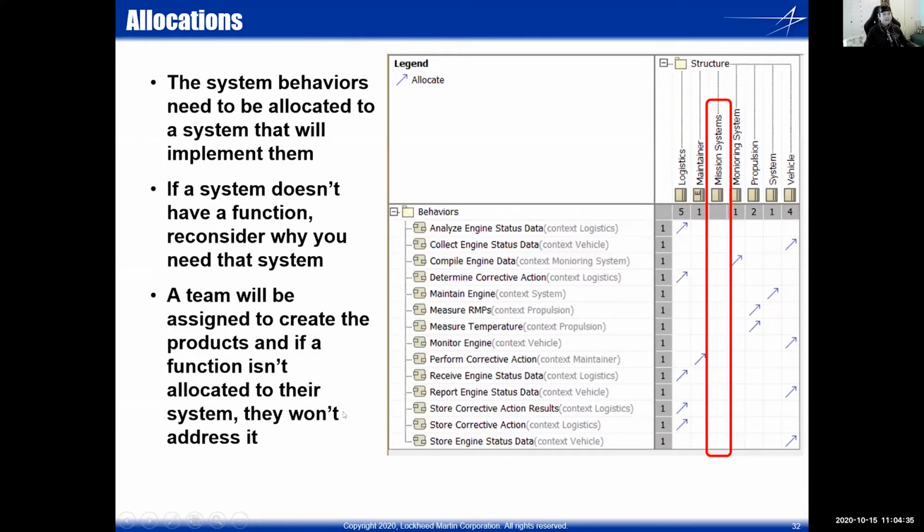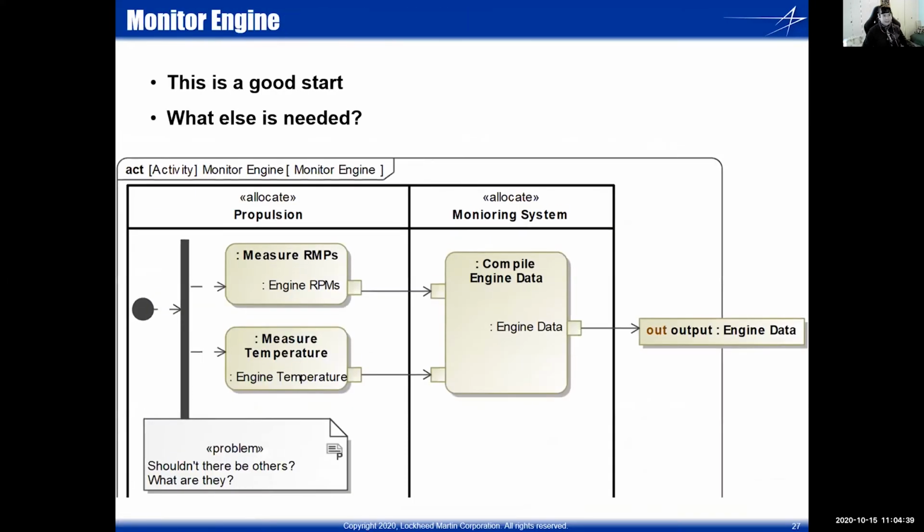All right. As I worked on my model, I'm going to go back to one of the activity diagrams. Whenever I put an activity inside one of these swim lanes, that activity got assigned to this system.